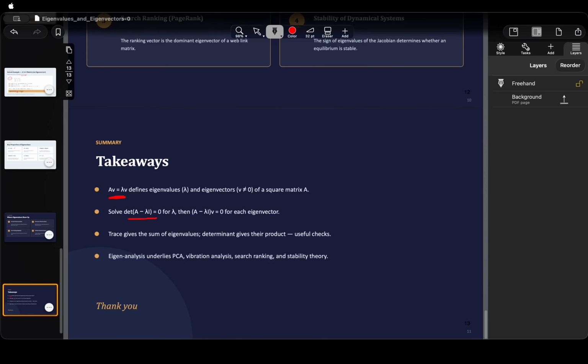Then for each corresponding lambda, I can find the eigenvectors using this as well. We also mentioned that the trace gives the sum of the eigenvalues, and the determinant gives their product. Then eigenanalysis has applications in principal component analysis, vibration analysis, search ranking, and stability theory.